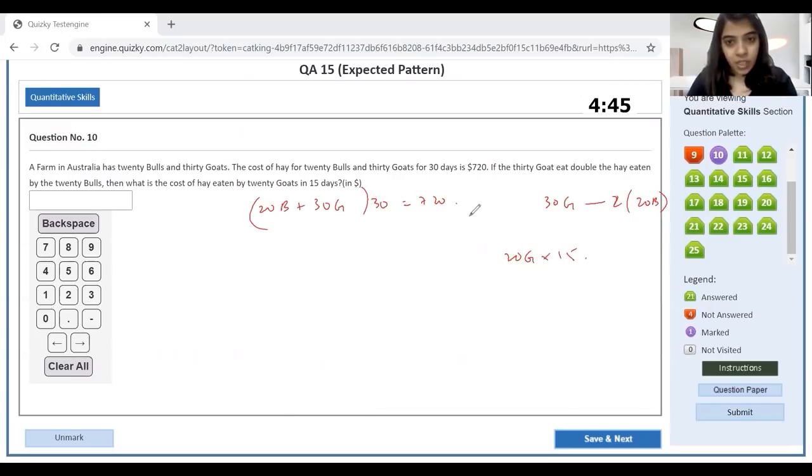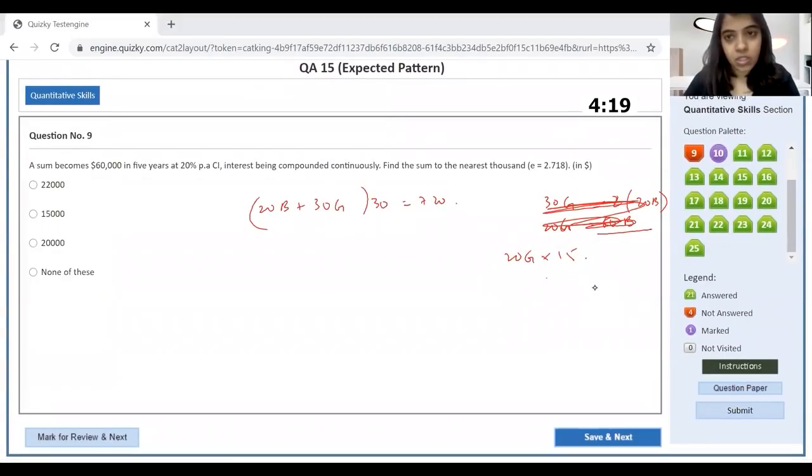So essentially we have is equal to, so what will 20 goats be equal to? Two-thirds of this, right? Into 2 by 3, 40b, 60b by, let's just not do it this way. I'm actually going to come to it in the end if I've done everything else.